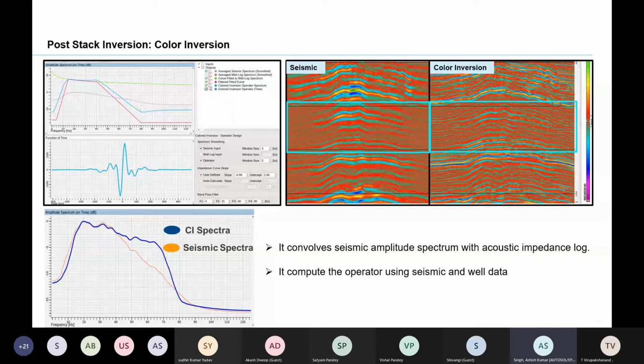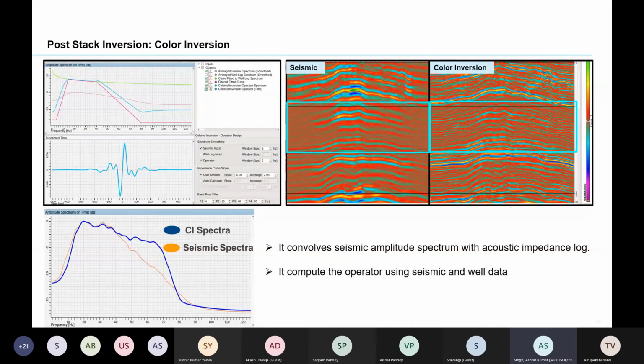So basically, the advantage of color inversion is that it enhances the frequency, and you can do the interpretation. Suppose there is a thin bed, you can interpret that also, but the basic drawback is that we can enhance unnecessary frequency. So that is the second method.